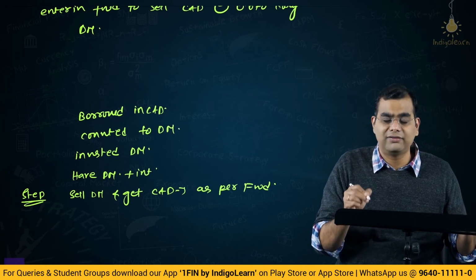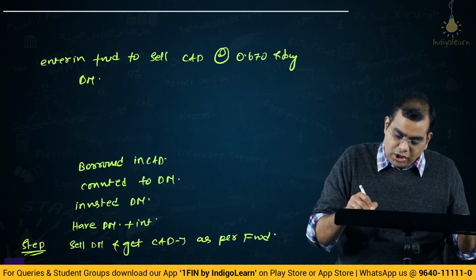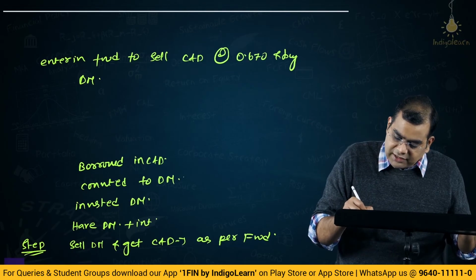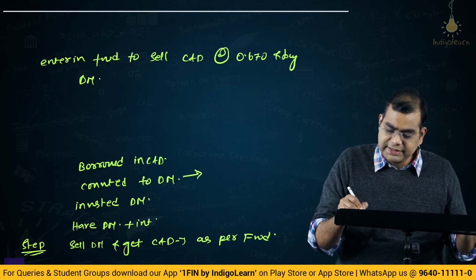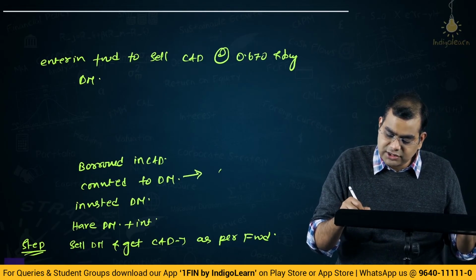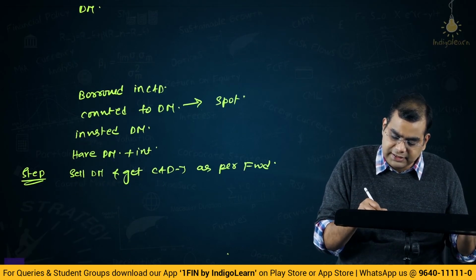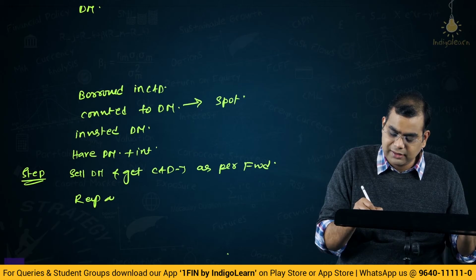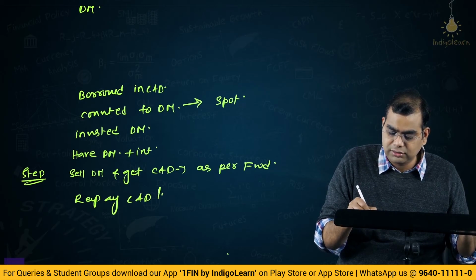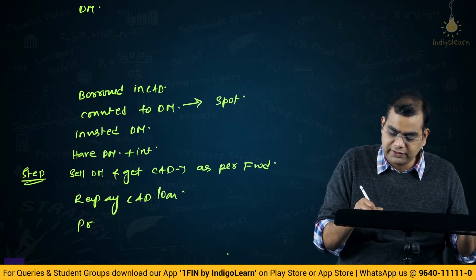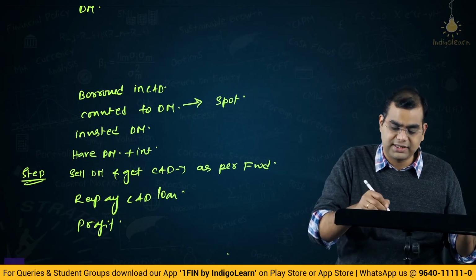Borrowed in CAD and converted to DM. So, this conversion, right, is at which rate? Conversion is at spot. Then you sell the DM and get CAD, then repay CAD loan, then you get profit. Okay, these are all the steps.